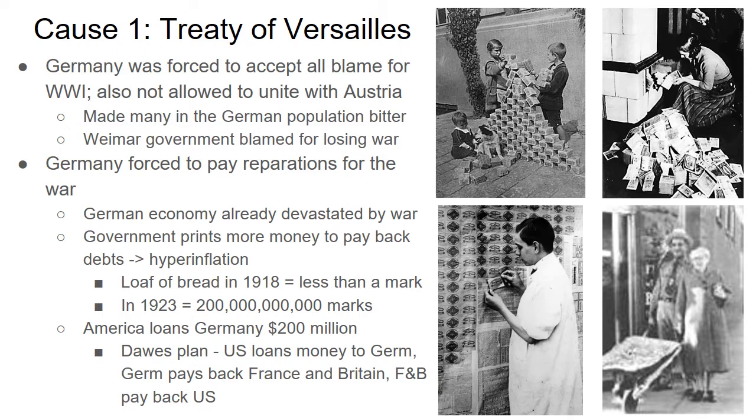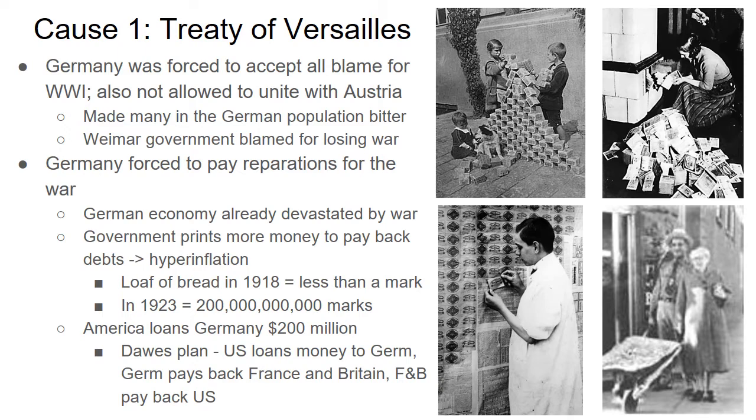And so as a result of this, there is hyperinflation in Germany. In 1918, at the end of the war, a loaf of bread cost less than 1 German mark. In 1923, a loaf of bread cost 200 million German marks.